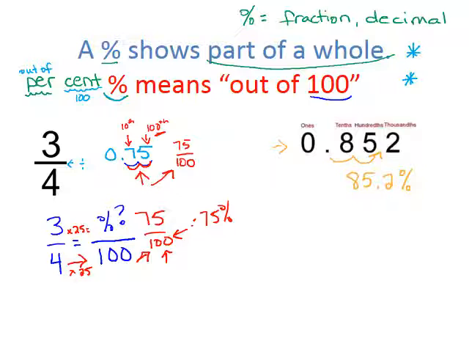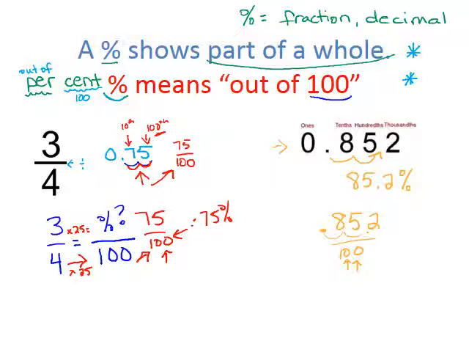Because percent means out of 100, you're saying, well, that's 0.852 out of 100. And so if there's 2 zeros down here, that means we can move our decimal 2 places over. And we're looking at 85.2%.